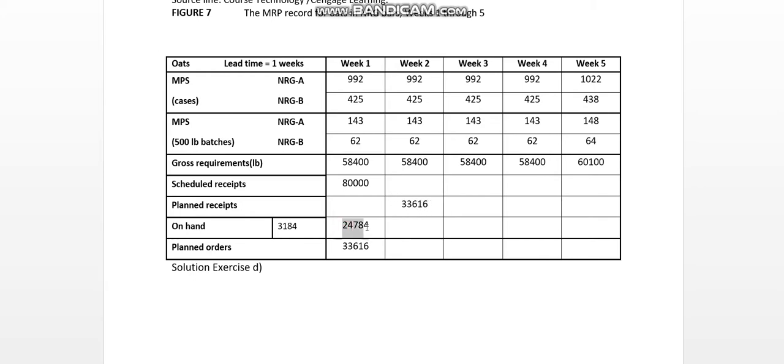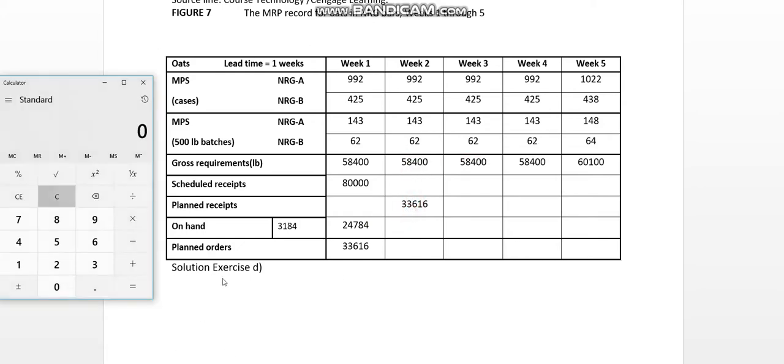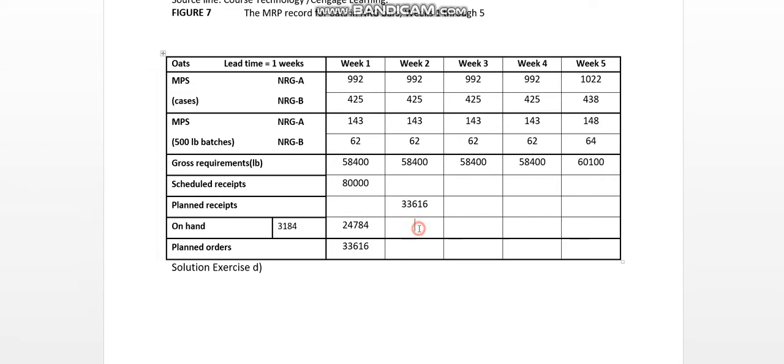So we have this in our hand, this we will receive, and together they will make a total of 58,400. Let's take a look. 24,784 plus 33,616. This makes 58,400.